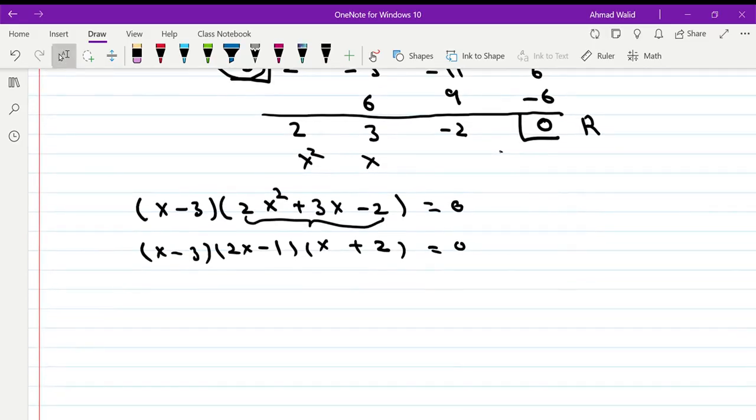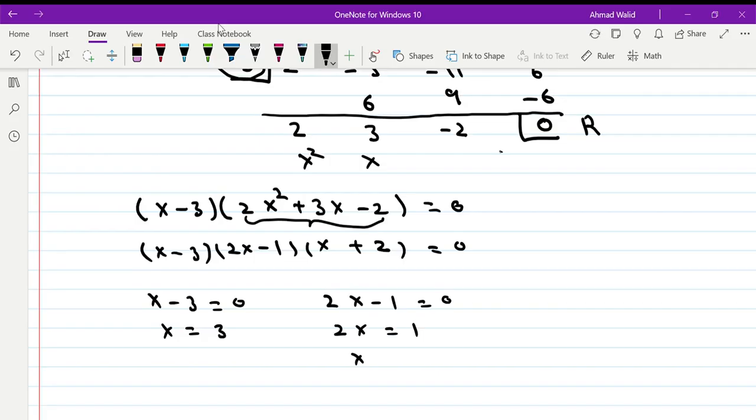Now set each parenthesis equal to 0 and you can solve this equation. x minus 3 equals 0, so x equals 3. 2x minus 1 equals 0, so 2x equals 1, so x equals 1/2. x plus 2 equals 0, so x equals negative 2.